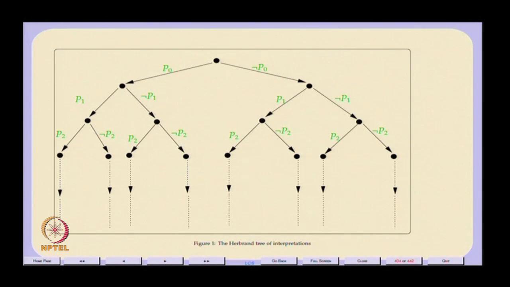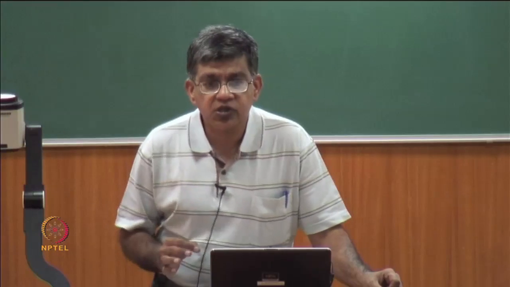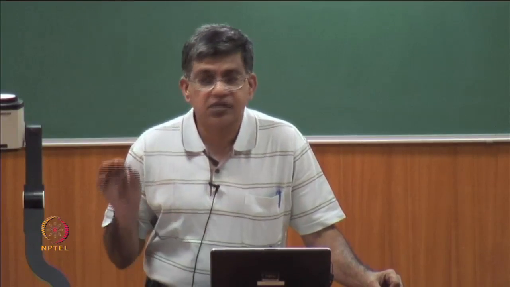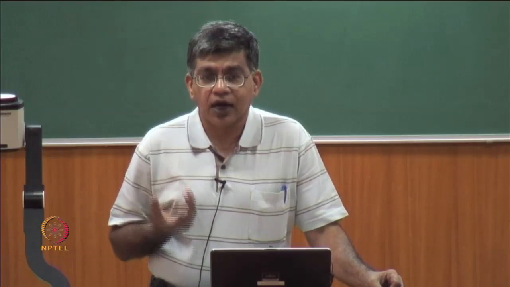Which firstly implies that you do need at least a constant. So, we are always talking about a signature which, if it comes without a constant, we expand it to include at least a constant, so that there are ground terms, otherwise the set of ground terms would be empty.